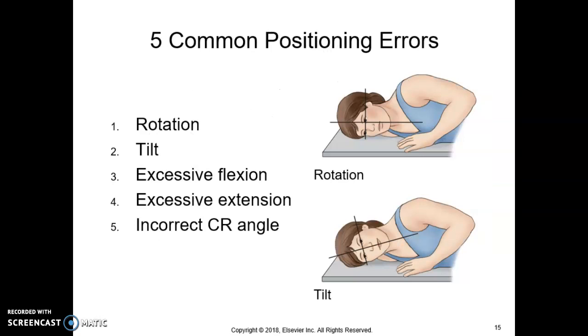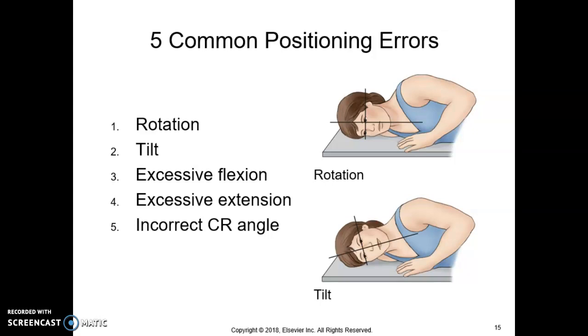There are some common things that will happen with positioning the skull, because again, it's this round ball that we want to try to put onto a flat surface. So there's a rotation issue, a tilt issue, excessive flexion, excessive extension, or the incorrect CR angle.